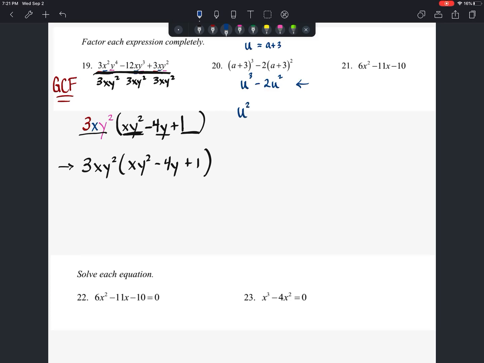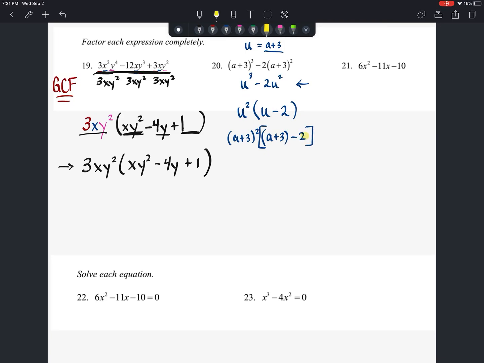So we would go ahead and pull out that u squared, and we'd ask, what's left over? Well, u squared times a u gives us u to the third, minus a 2. All right, that makes sense. Now let's put the a plus 3 back in. So this is really like saying a plus 3 squared times an a plus 3, minus a 2.